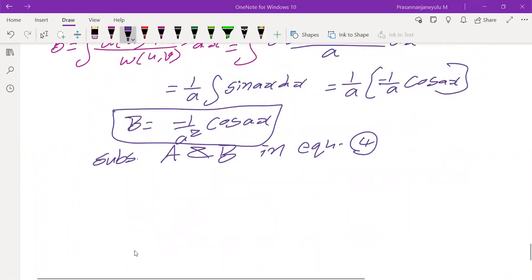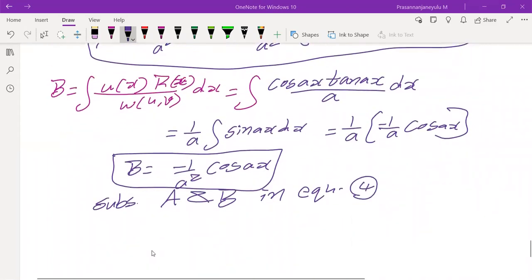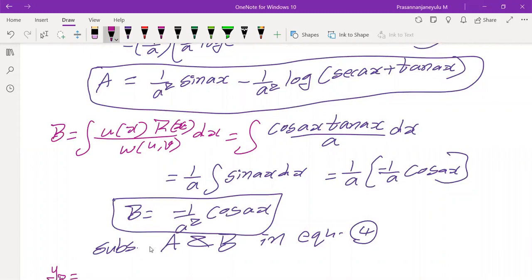What is equation number 4? Equation number 4 is yp equals a into u of x. What is a? Whatever we got here: 1 by a square into sine ax. Okay, let me copy this.